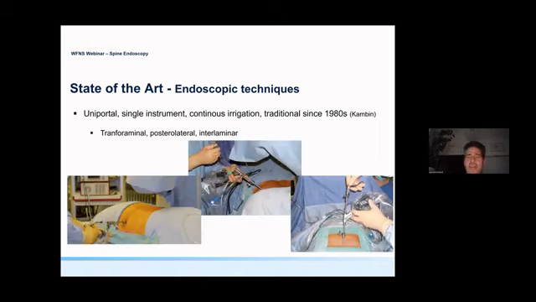Here you can see images from Rütten from Herne, who has performed extensive trials and publications regarding disc herniation of the lumbar and of the cervical spine using different approaches, as you can see here, transforaminal, posterolateral, and interlaminar.